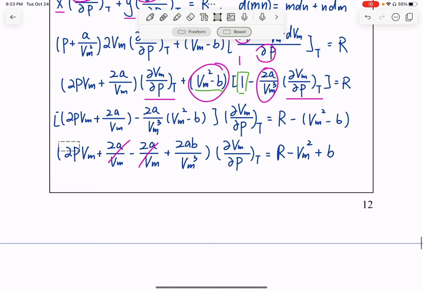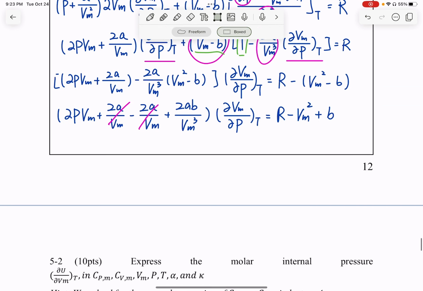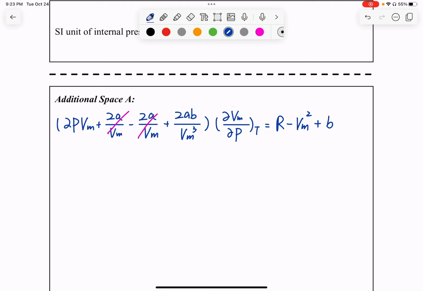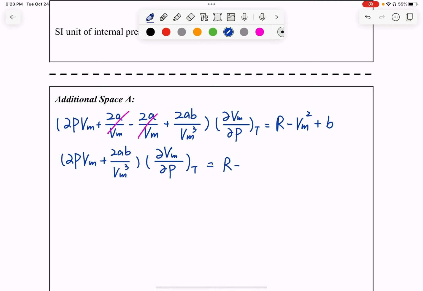We copy paste down to use our extra space. So what we have here is 2pVm plus 2ab over Vm third times the partial derivative of Vm over p at constant T equals R minus Vm squared plus b.